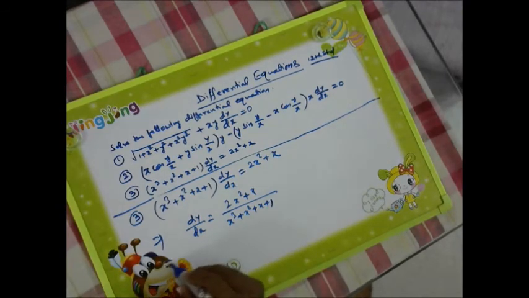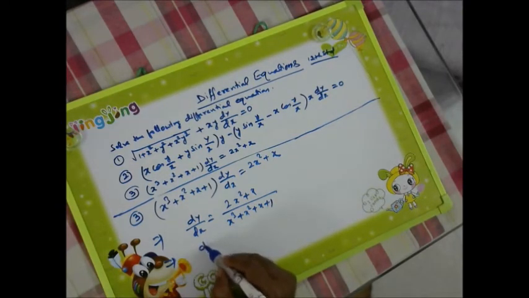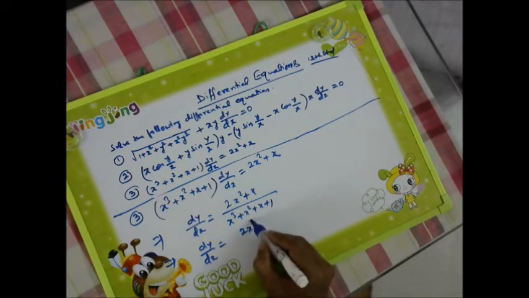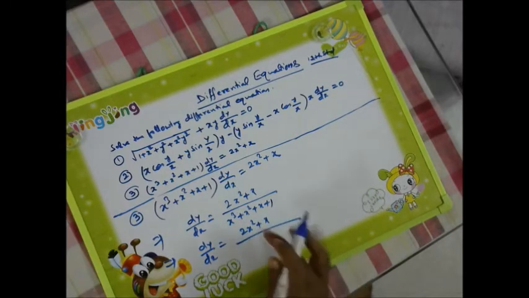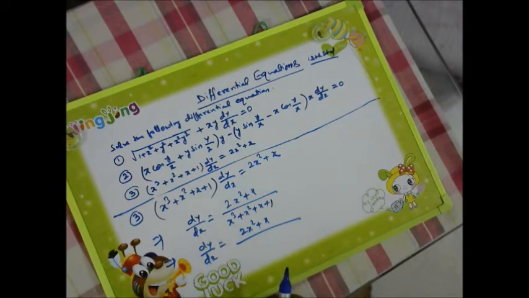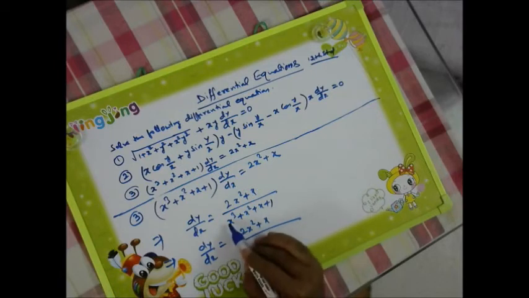Okay, so let us first solve this denominator part. Here we can see that we can take something common.